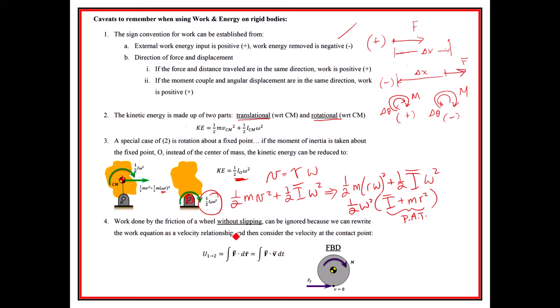An interesting thing about the wheel that moves without slipping is that you can ignore the friction in this case, because the power is equal to force times velocity, right?